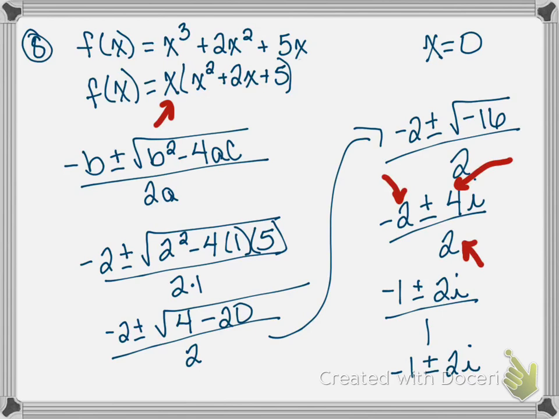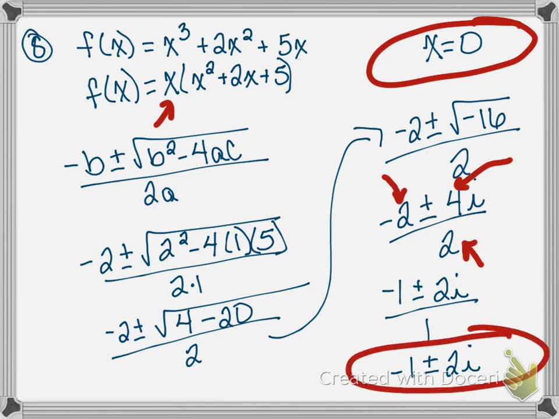And that's negative 1 plus 2i and negative 1 minus 2i. And so I've got 3 answers. I have x equals 0, and I have negative 1 plus 2i and negative 1 minus 2i. Don't forget that 0. 0 is our real. Negative 1 plus or minus 2i, that's our complex.